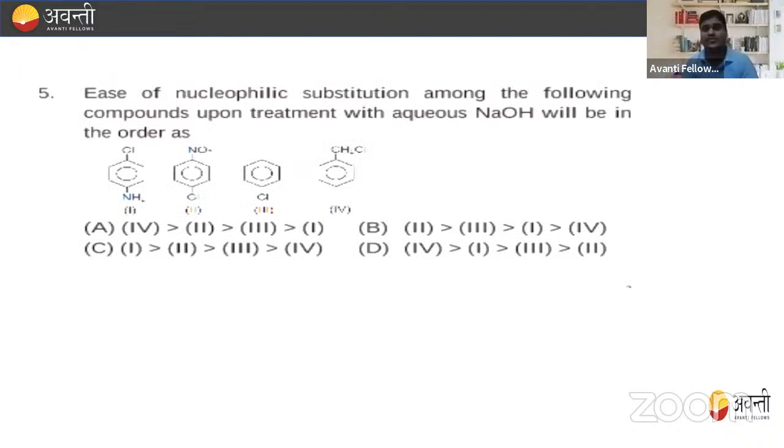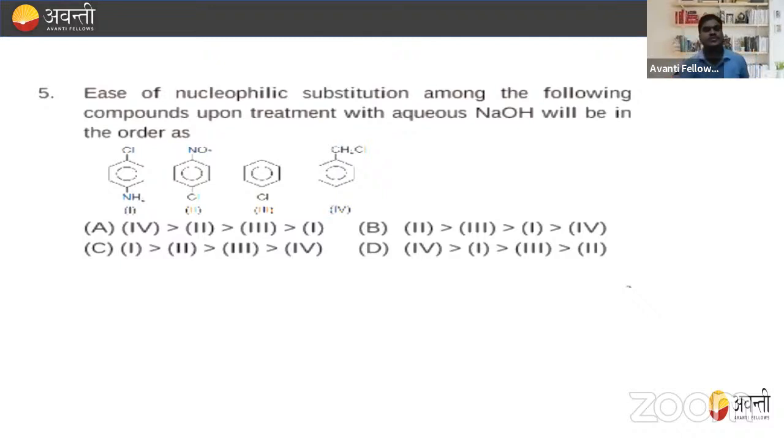Ease of nucleophilic substitution among the following compounds upon treatment with aqueous NaOH. So you have to identify in which compound the substitution will take place much more easily compared to any other one, right? A simple funda is there: the more the aliphatic character, right?